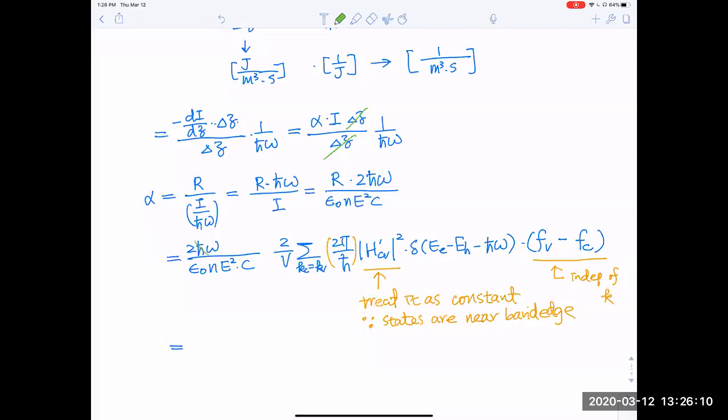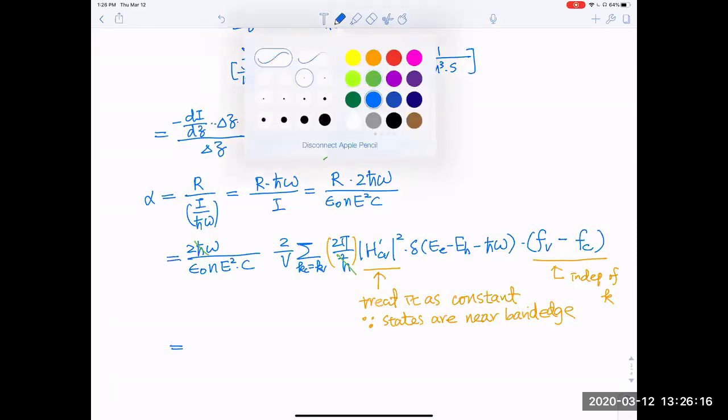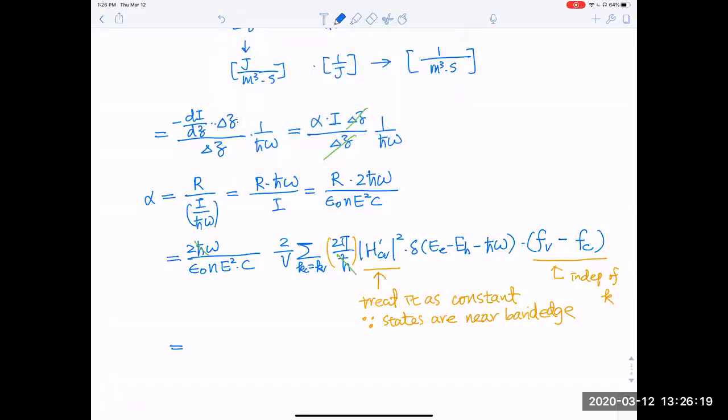And so we have 4 pi omega divided by epsilon 0 n c. Let me write E square here.